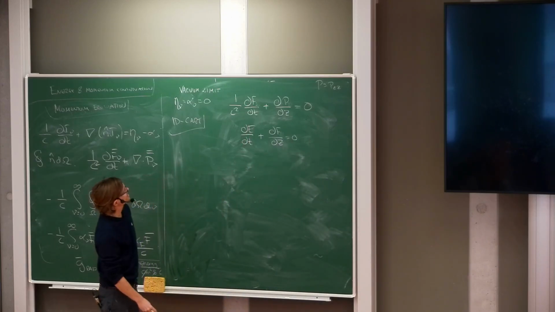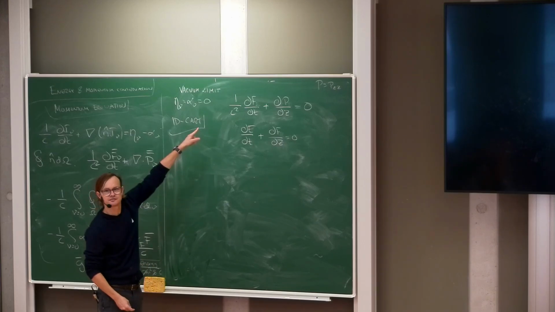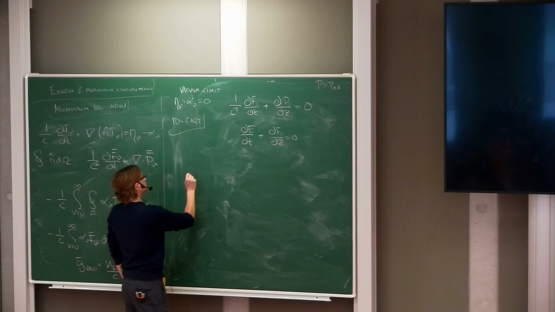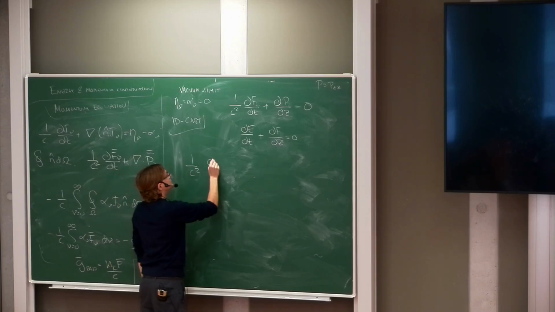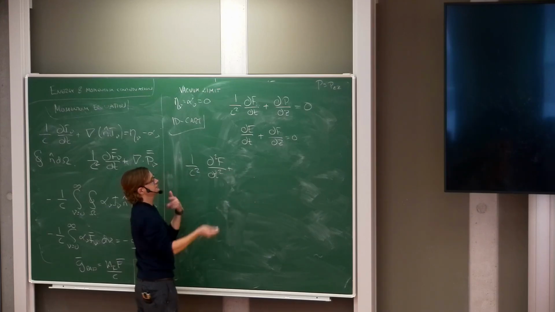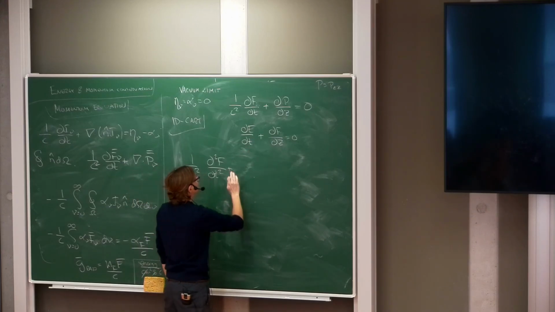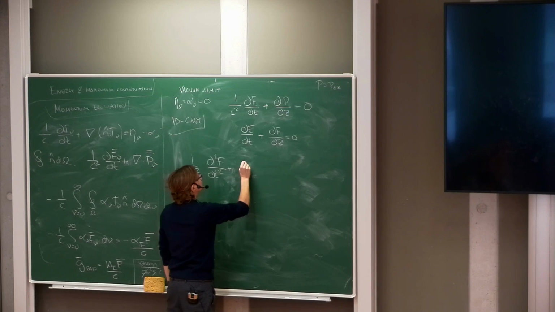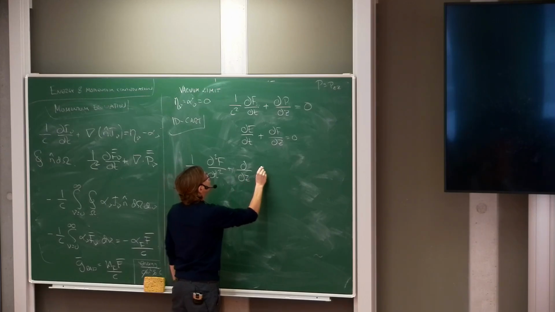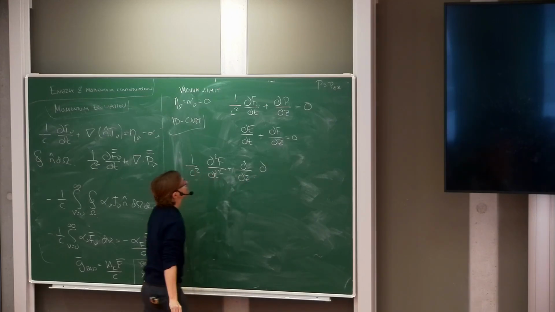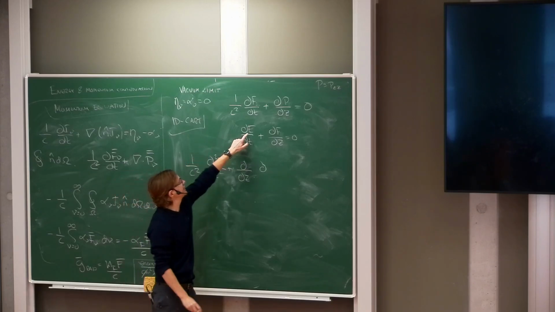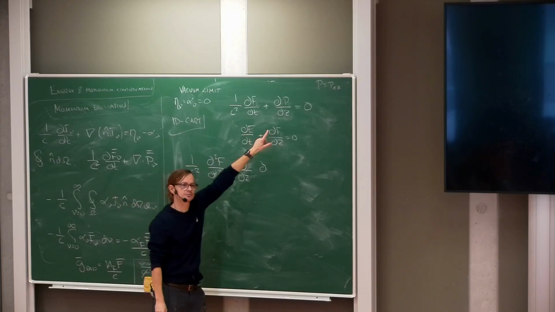Okay, so why is it interesting to write it in this form? Well, let's see what happens. We're going to take the time derivative of the first equation. Okay, 1 over c squared d2F/dt2 plus, and then I'm just going to flip the order of the derivatives again, so that I write this as d/dx of dP/dt. We have a relation between the energy and the pressure, which we know.